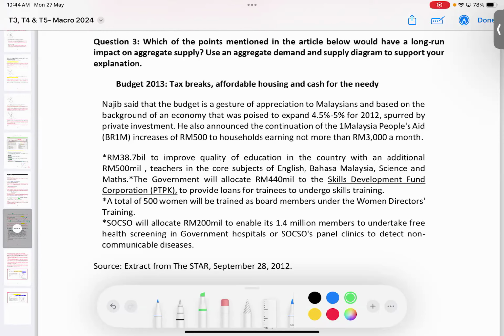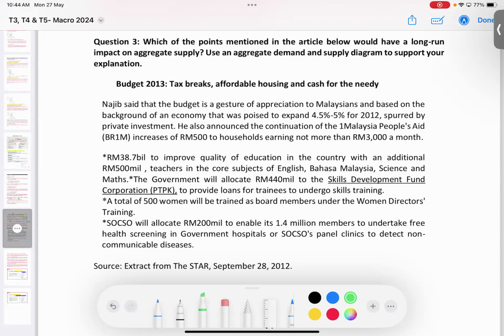Now, speaking of private investment, for those of you who are still searching for articles, you can also search for one about China's investment in Malaysia in the previous year. China pumped in a large amount of investment into Malaysia, and that helps in terms of technological advancements and physical capital. There are a lot of news articles about that, so you can look into that as well. Private investment, very similar to this kind of article.